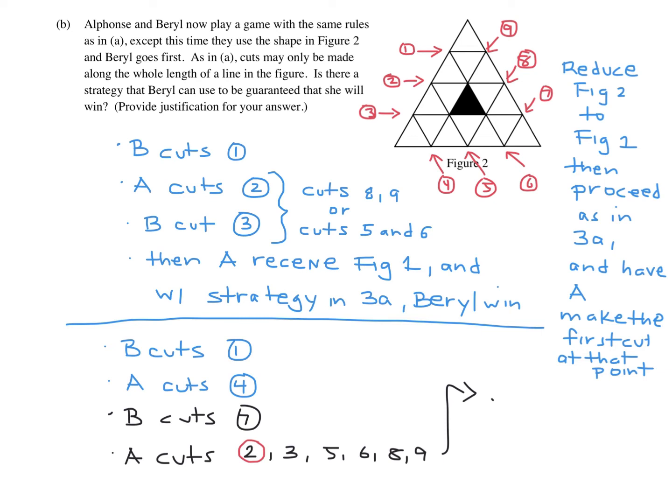In order for Beryl to make this shape look like figure 1, she would have to cut 3. Correct? So that's what we will make Beryl do. So Beryl cuts 3. The point I have to make here is that whatever happens here, Beryl has to make the appropriate cut to make it look like figure 1. And there's always going to be one possibility. So I showed you 2 as a cut there and then 3 as a cut there.